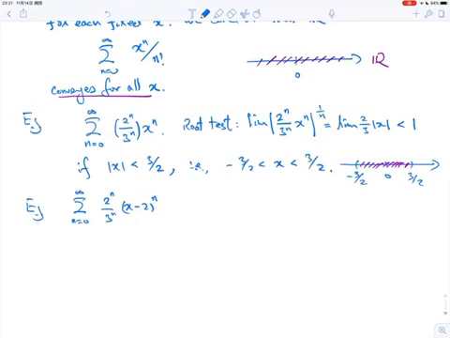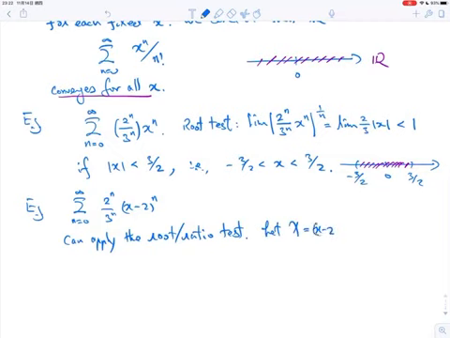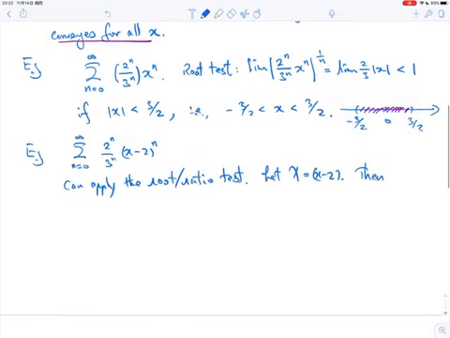So you can apply the root test or the ratio test to see where it converges. But here we use a different trick. We take capital X to be x minus 2. If that's the case, then the series would become 2 to the n over 3 to the n, capital X to the power n, where n still goes from 0 to infinity.